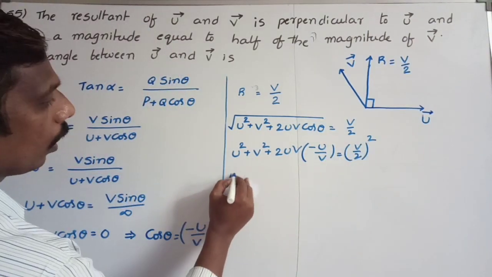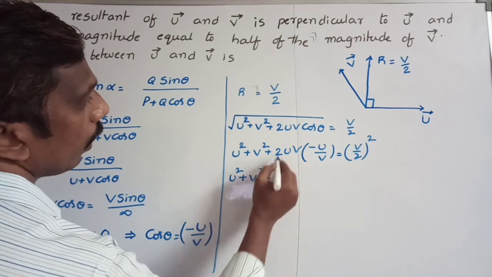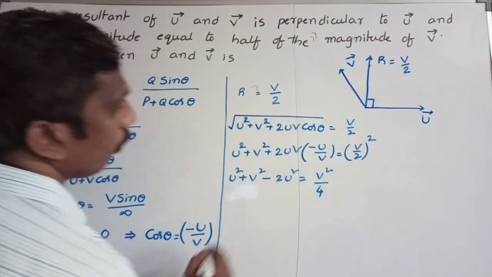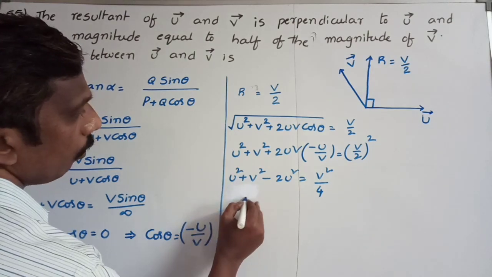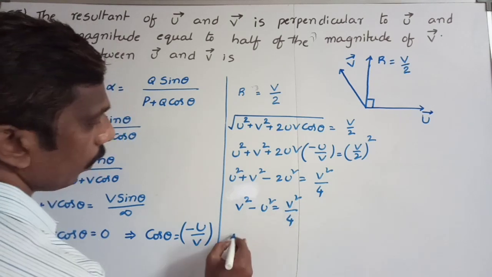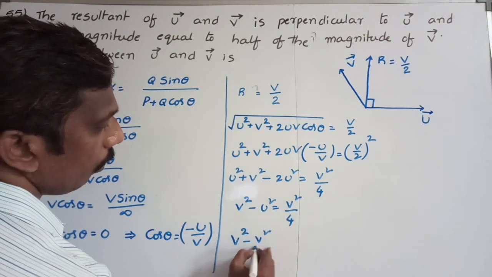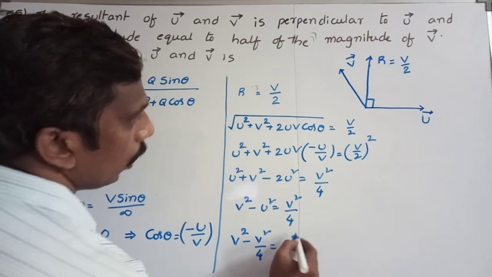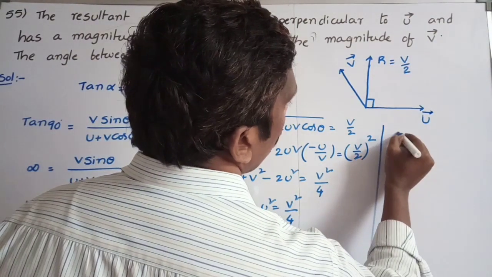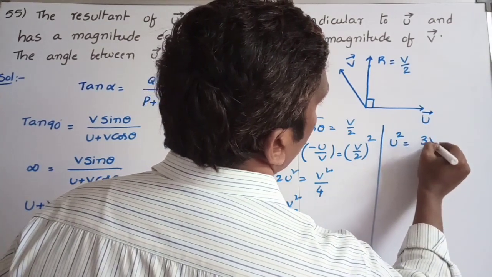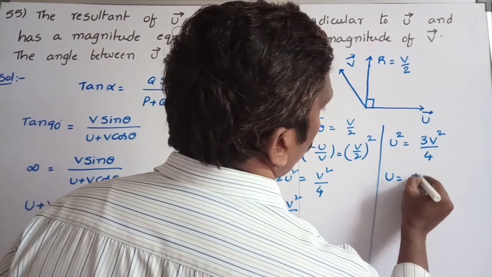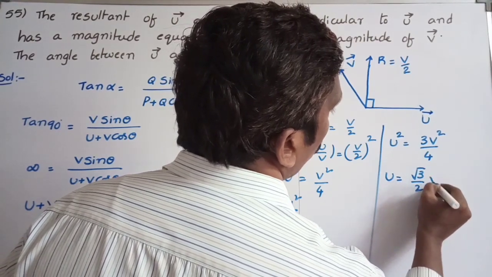We know the cos theta value is minus U by V, so U square plus V square minus 2U square is equal to V square by 4. From this, V square minus U square is equal to V square by 4. V square minus V square by 4 is equal to U square. From this, U square is equal to 3 V square by 4. We get U is equal to root 3 by 2 into V.